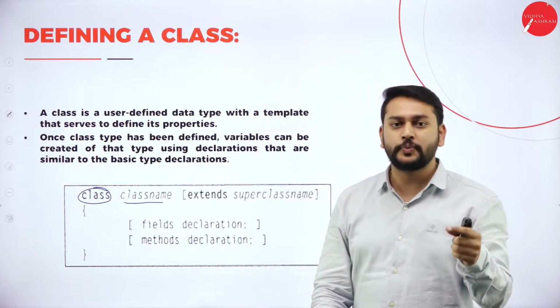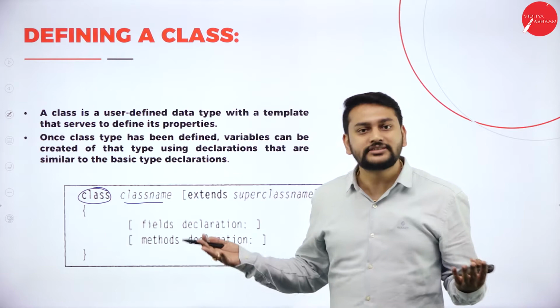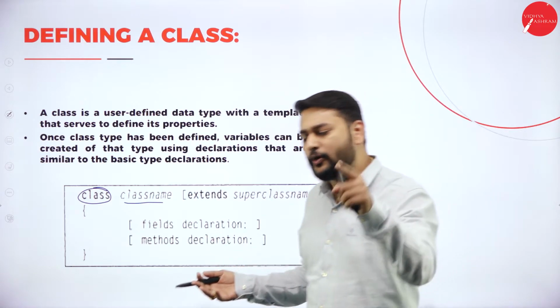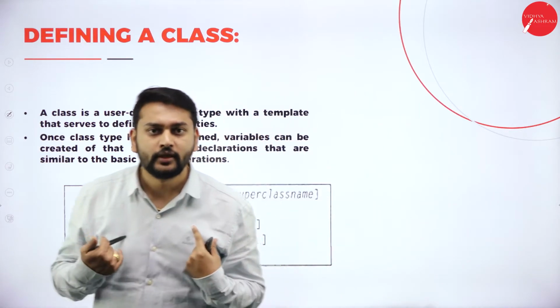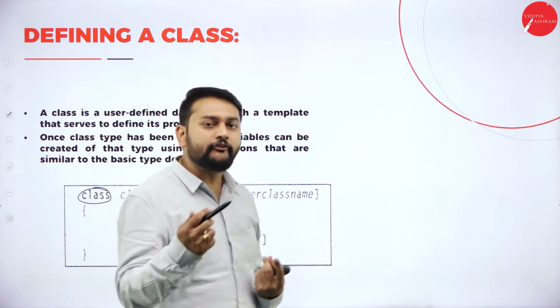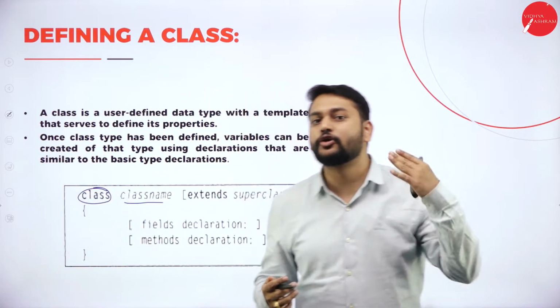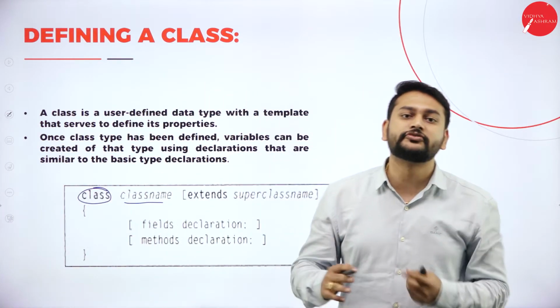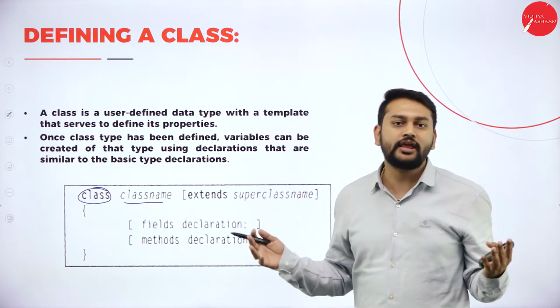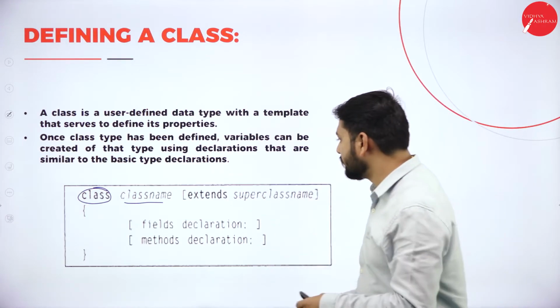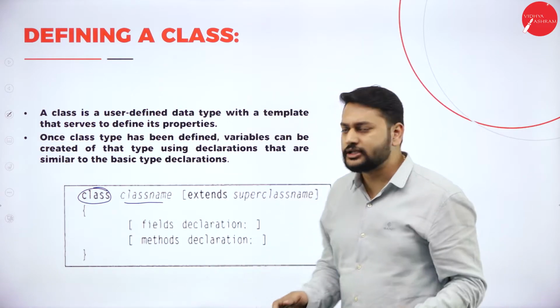That name should speak what exactly that class is doing. That's very important that all of us should know. And I have to follow the identifier rules when I'm taking the name of the class. That's very important.